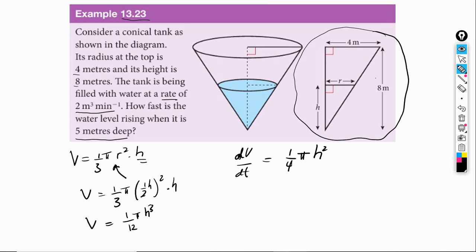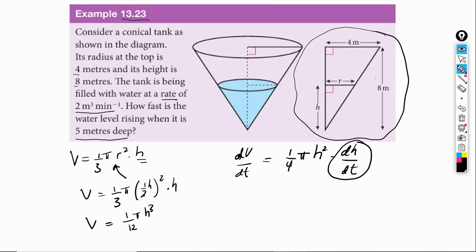That's going to be through implicit differentiation and the chain rule. This is the derivative of the so-called outside, times the inside, which is h, and we differentiate h with respect to time. So then this is what we want to find right here. They want us to solve for the velocity of the water level rising when the height is 5.